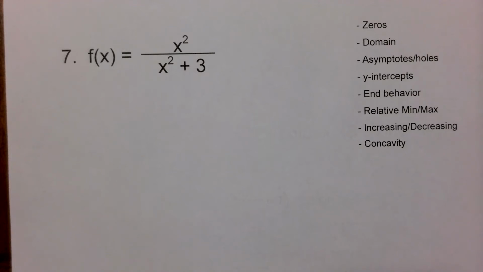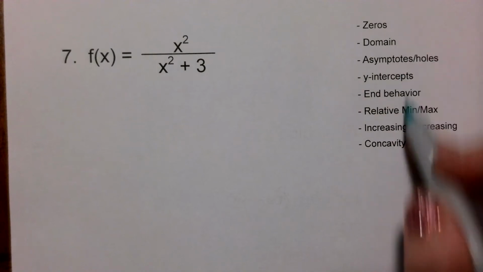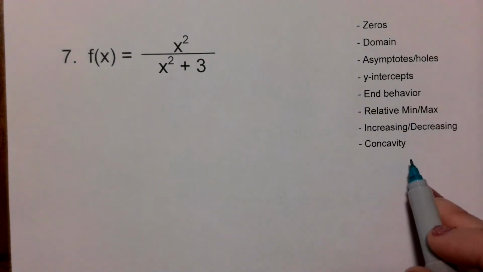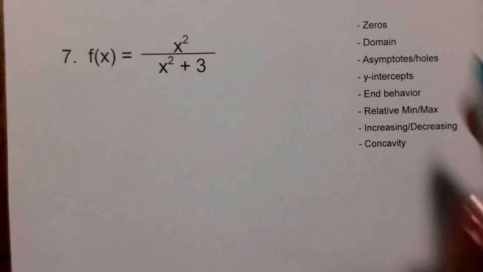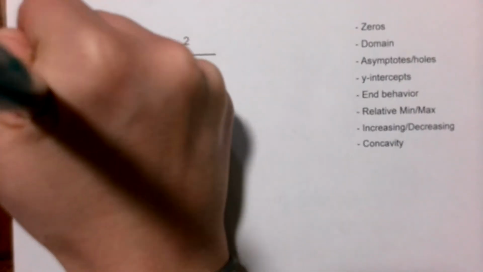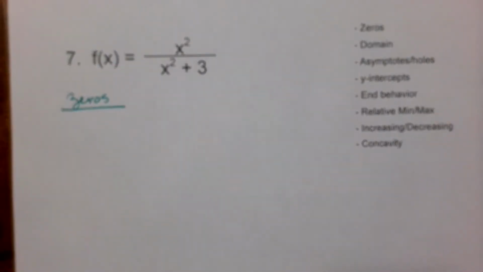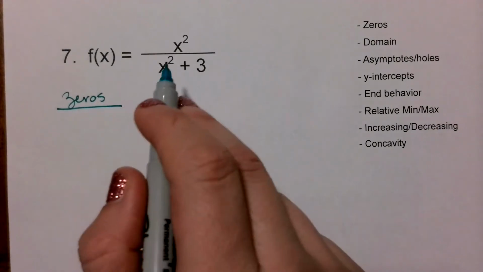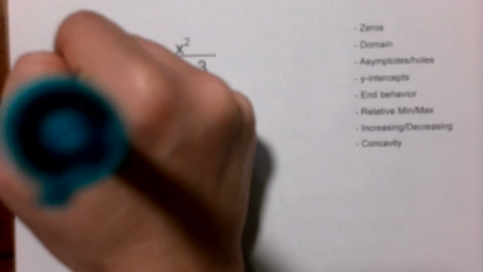Okay, so we're starting with number 7. This is number 7 in the textbook. Your directions will be the same for what you are doing, where it will just say to sketch the curve, but we're looking for all of these things. Okay, so starting with zeros. If we're looking for x-intercepts, that means that we're setting our function equal to 0.